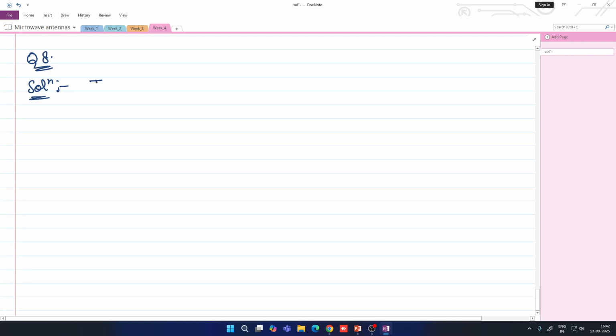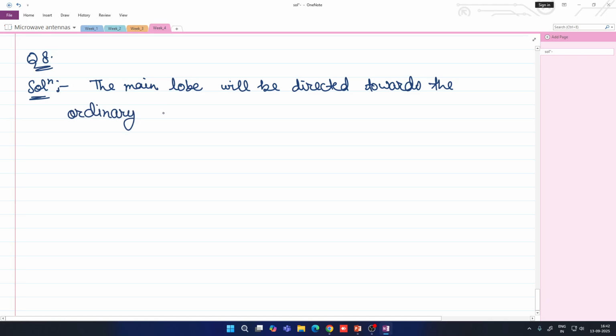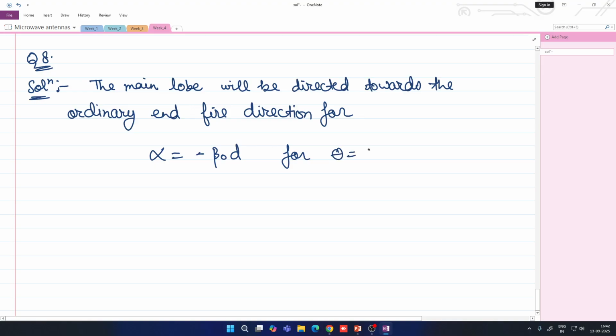So the main lobe will be directed towards the ordinary end fire direction when alpha is either minus beta naught d for theta equal to 0, or alpha comes out to be beta naught d for theta equal to 180 degrees.